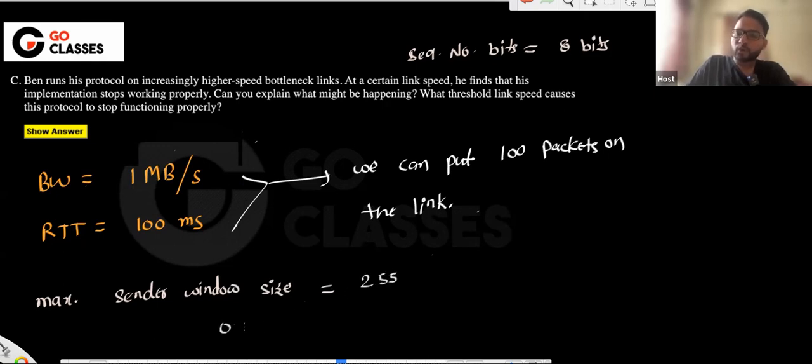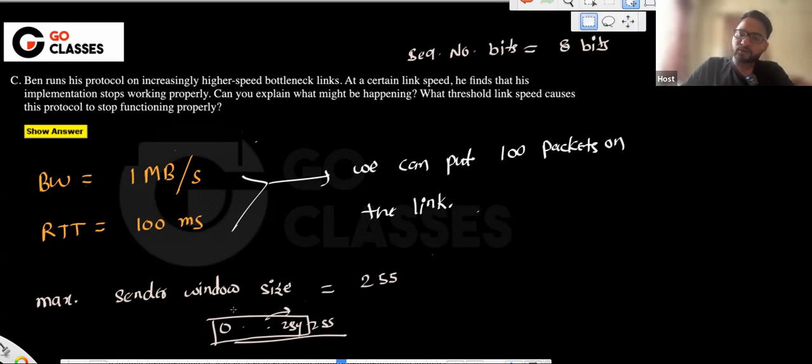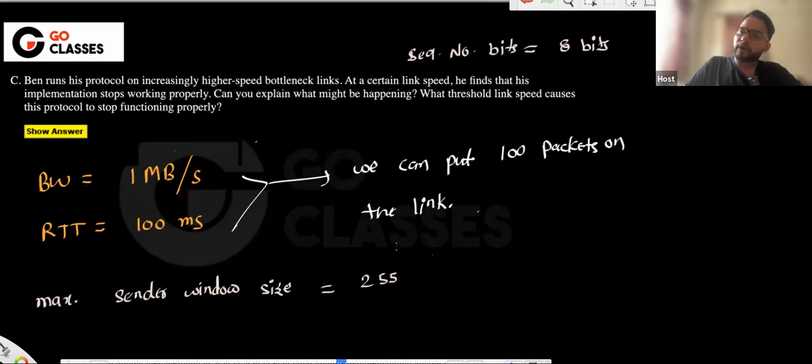From 0 to 254 packet numbers you can send at one time, which is 255 in terms of size. So 255 is your maximum window size; you cannot send more than this. So you can put at most 255 packets on the link, which means bandwidth times 100 milliseconds is equal to 255.